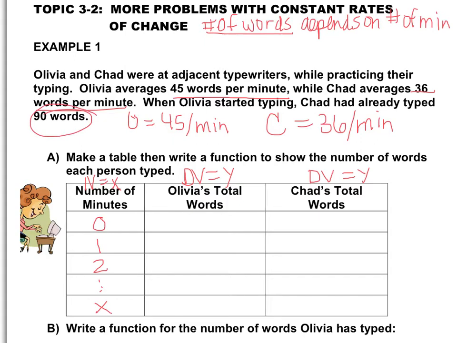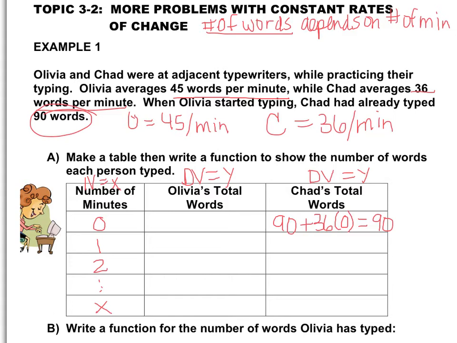So Chad has an initial amount of 90. So let's write Chad's first. He's going to start with 90 words, and then he's going to add 36 words per minute. You can also think of that as 36 times m, or we can say x. But for this first one, our m or x is 0. So 36 times 0.